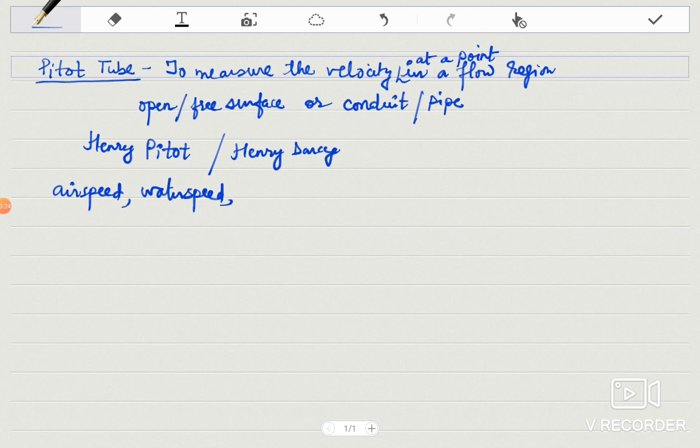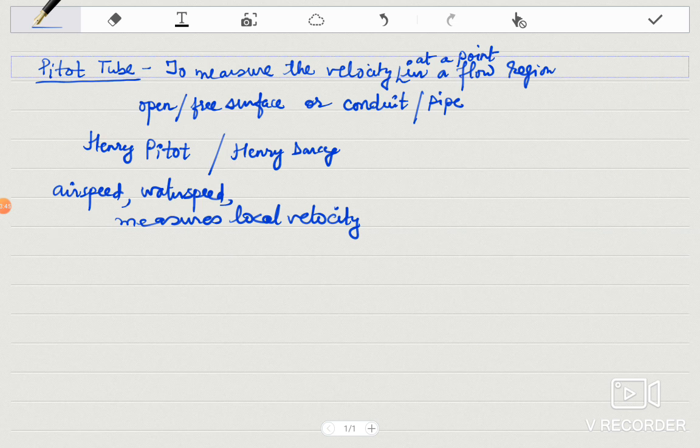Similarly, in water boats these are very useful, and in many industries Pitot tubes have uses. The main thing is that the Pitot tube measures the local velocity. It does not measure the average velocity in the flow region, rather it measures the local velocity.